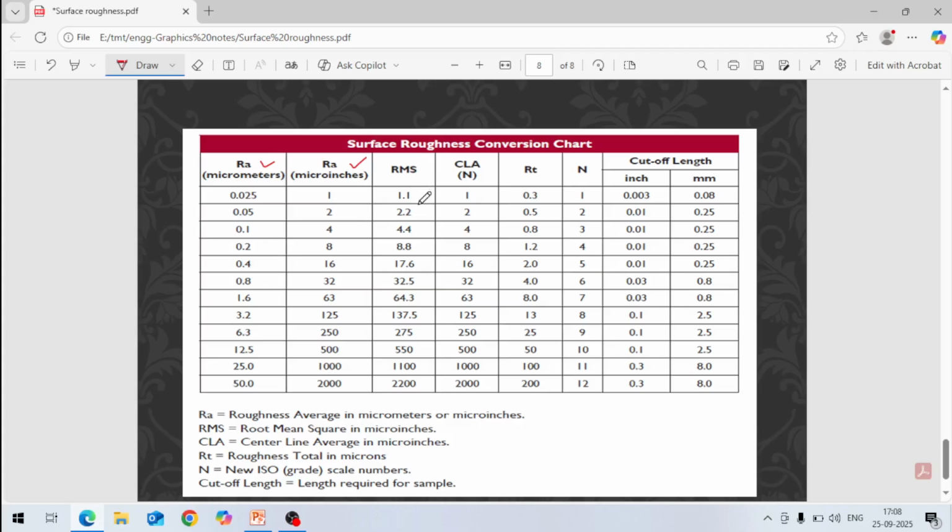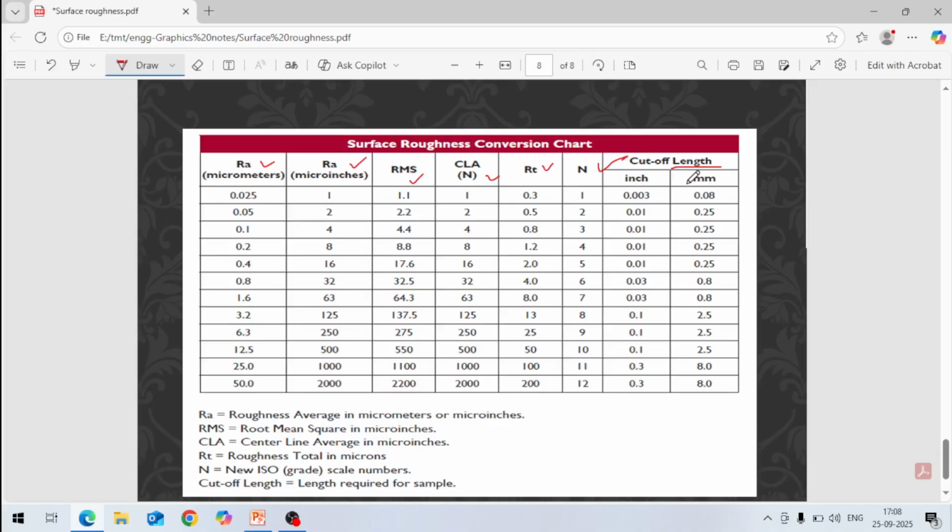Here this is the RMS value, root mean square value. This is the CLA value, CLA and RA are the same. RT is the total roughness. N is the roughness grade, from 1 to 12, 1, 2, 3, 4 like this. And this is the cutoff length. Cutoff length means sampling length.